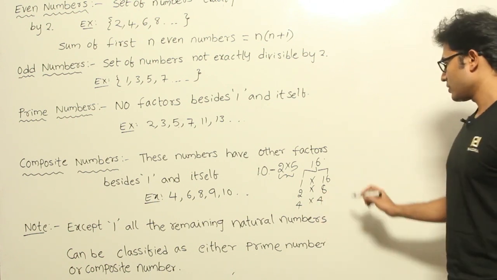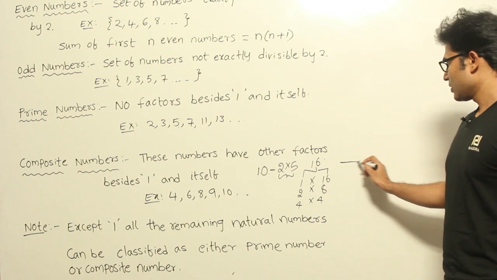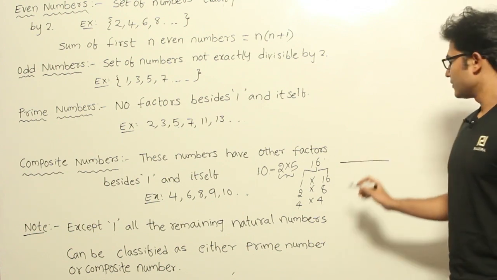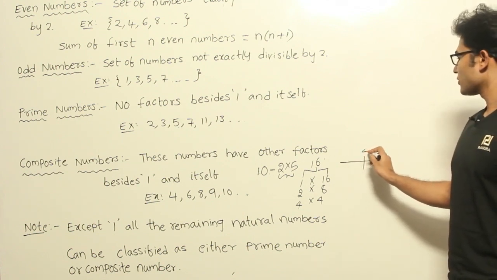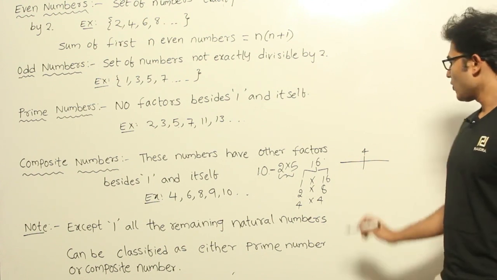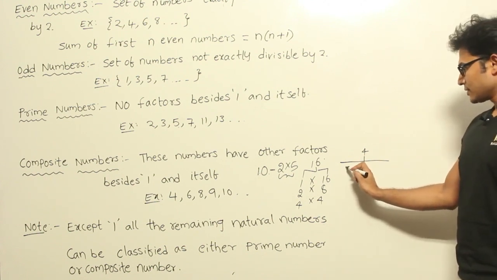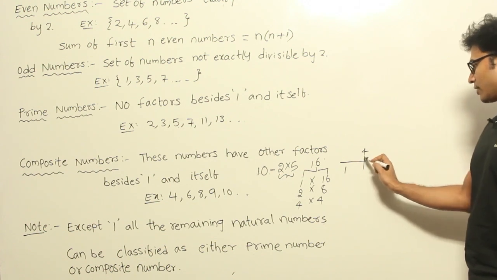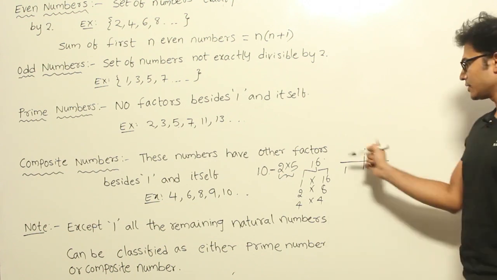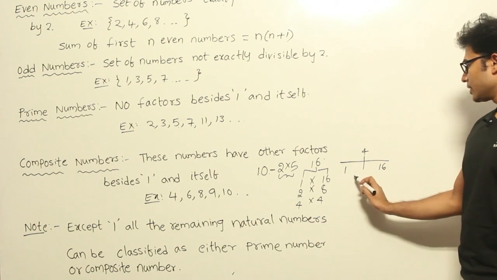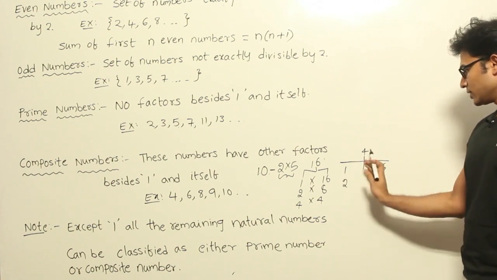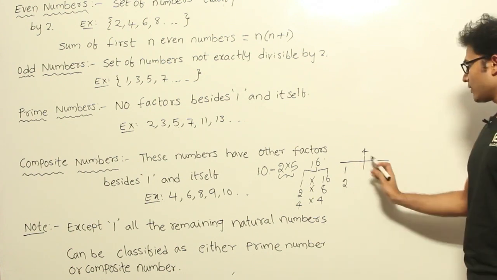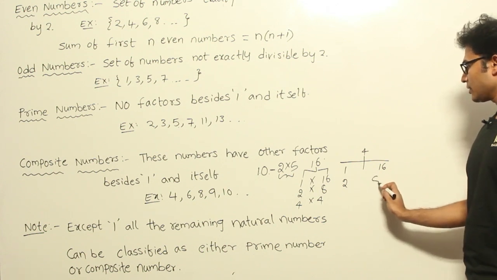Now if you see a number, let's say 16, the square root of 16 is 4, right? Now if one of the factors lies below 4, then the other factor will be on the other side, right? Similarly, if one factor 2 is below 4, then the other factor will be on the other side of it.